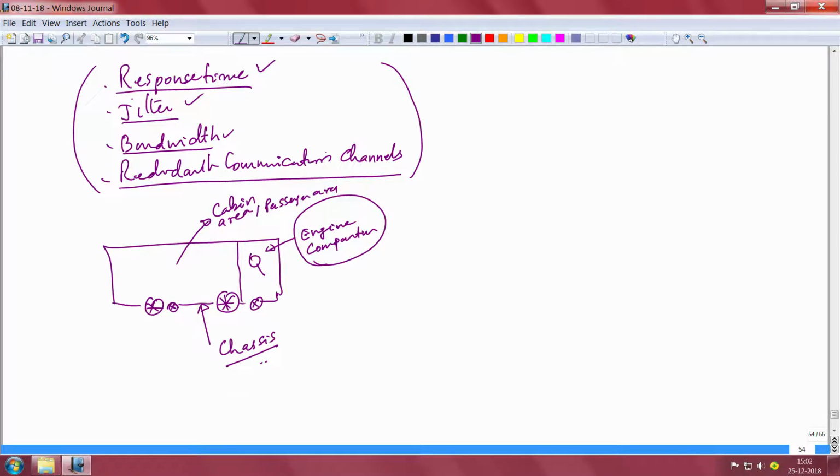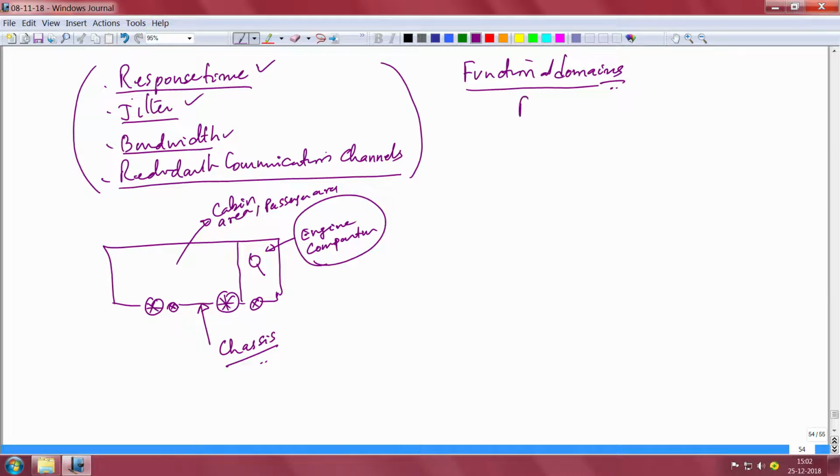So, you can divide them into broadly several functional domains. I will now put down the functional domains. Now, what are these functional domains, and why do you need them? Because you have different features for them and you have different constraints.